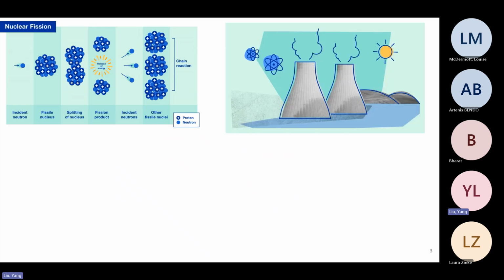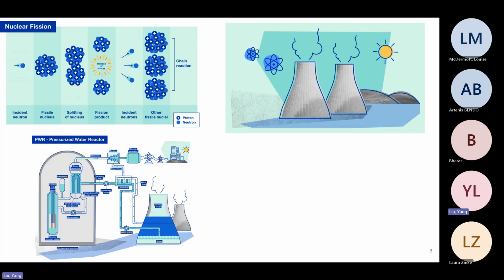Or maybe the big nuclear power plant, where you can see the overall massive landscape. Or if you go into the engineering side, you're probably more interested in what's inside the nuclear reactor, like how they pump up the steam, turn the turbine, and then generate the electricity afterwards.